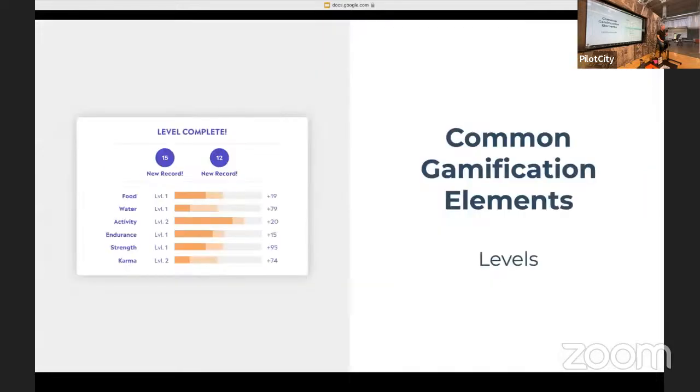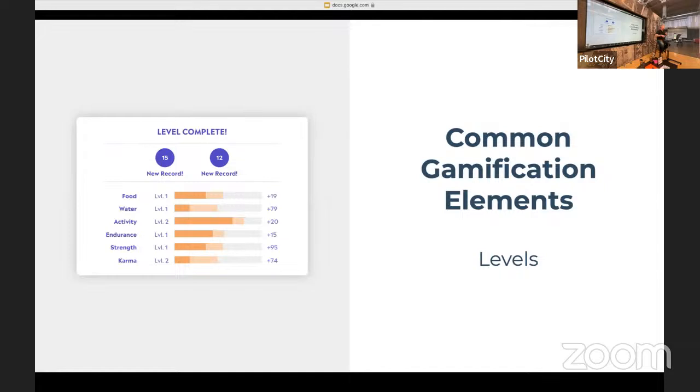And then levels. Anyone ever seen leveling before? Anyone ever heard of Dungeons and Dragons?